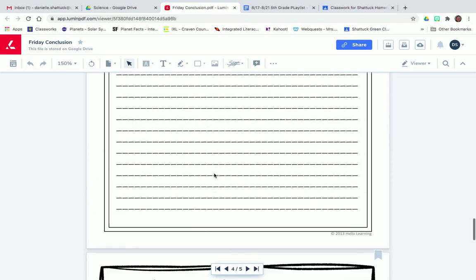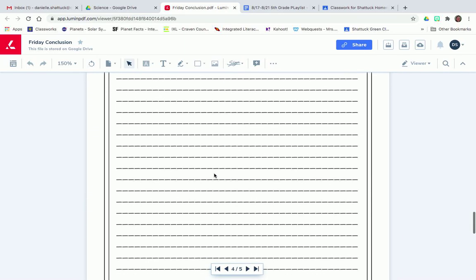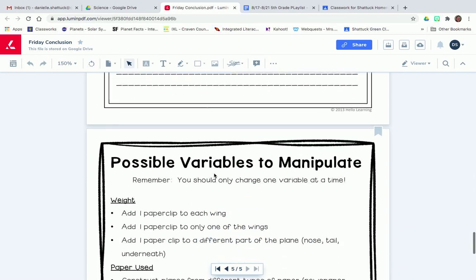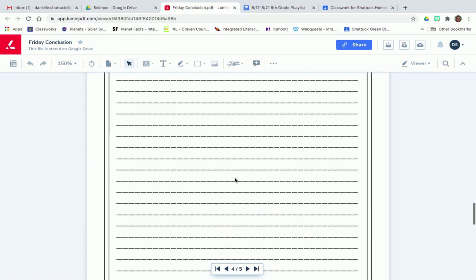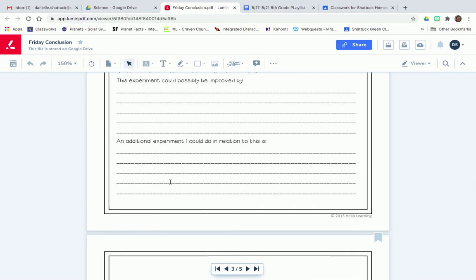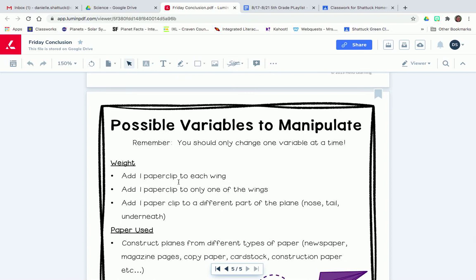Okay, and that gives you quite a bit of paper there. So explain your experiment, the materials that you would use. Okay, and I also added the possible variables to manipulate so that you can add them to the additional experiment. Well, in this case, I could put a paper airplane with a paper clip on each wing to see if that causes the plane to go farther.